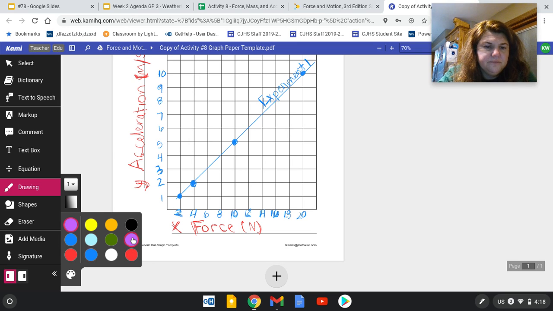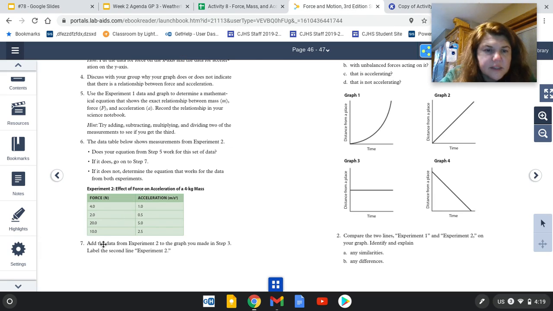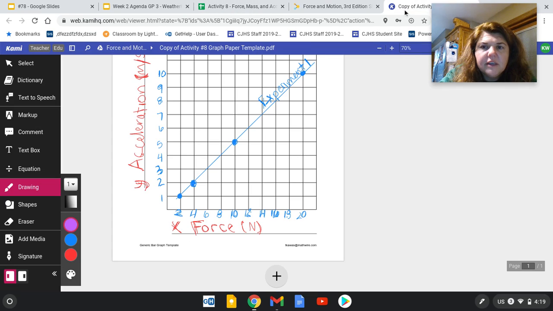And then graph experiment 2 here. We'll do the first one together and then you can work on the rest. So here it says force is 4 and acceleration is 1. So I'll go back here. I'm going to find my force is 4 and acceleration is 1.